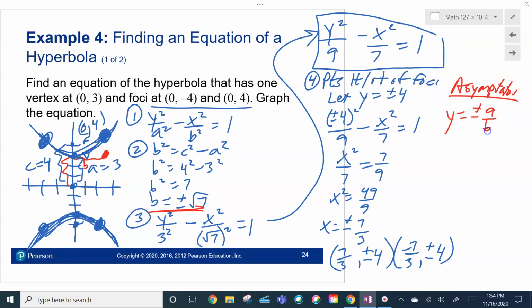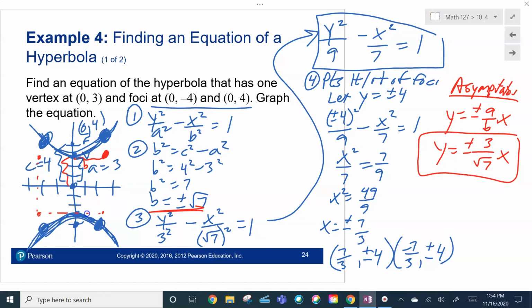So plus or minus 3 over root 7 x. I'm going to go down 3, right root 7. Down 3, left root 7. Up 3, left root 7. There's my imaginary rectangle. The asymptotes go through the center and the diagonals of that rectangle.